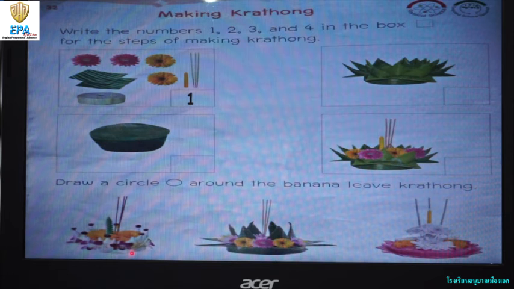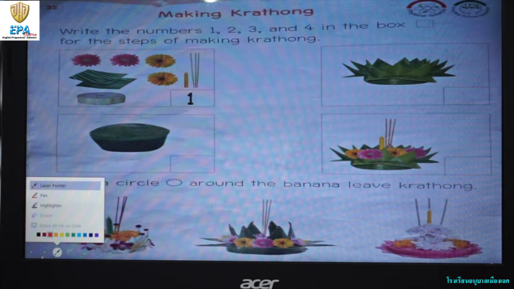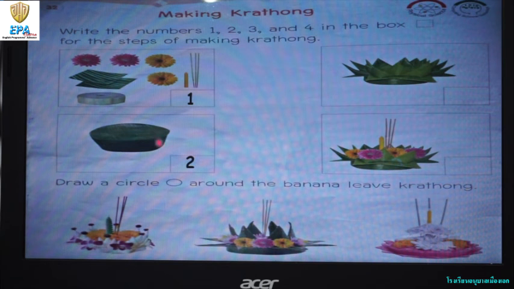How about the second step? Which of these 3 pictures left is the second step in making a kratom? Okay, it is this picture. After you have prepared the material, you can now start to assemble the base of your kratom.